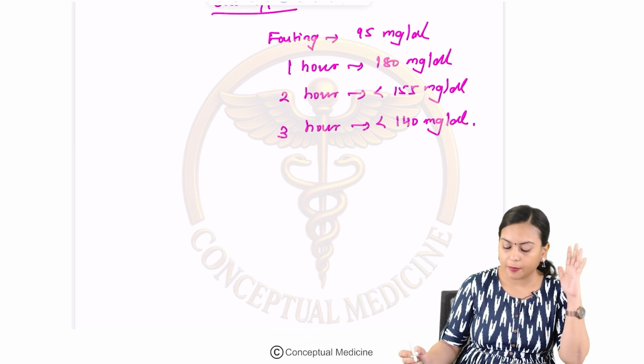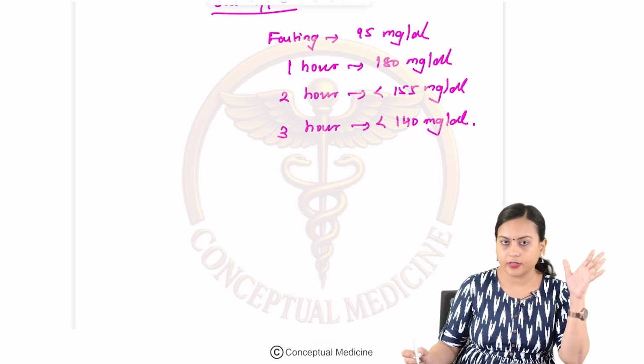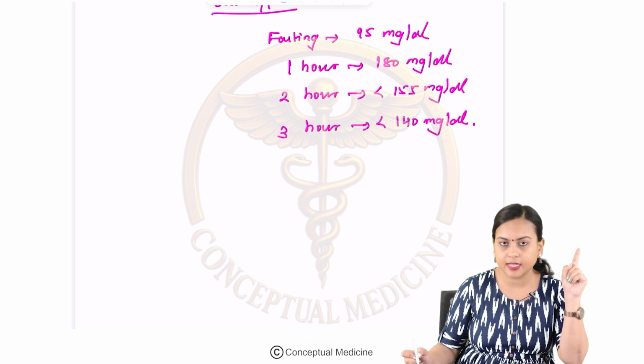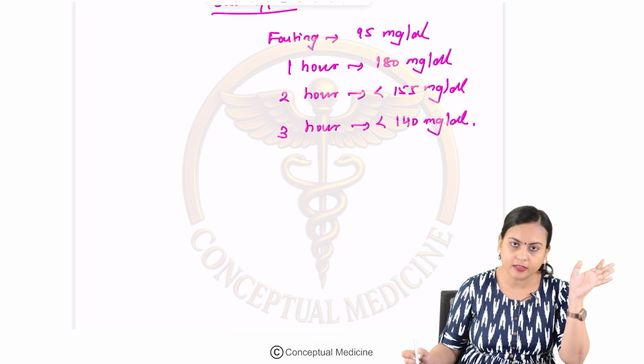Clear? So, again the OGTT reference ranges: fasting less than 95, 1 hour less than 180, 2 hour less than 155, and 3 hour less than 140 milligram per deciliter. Clear?